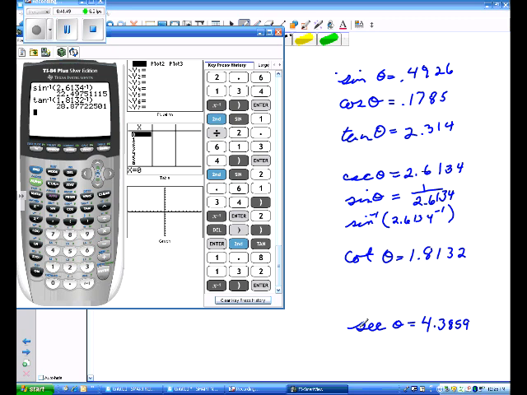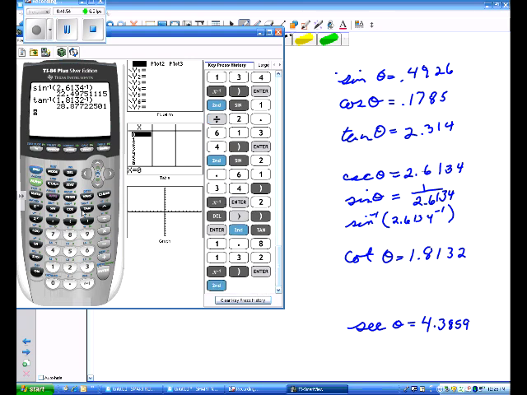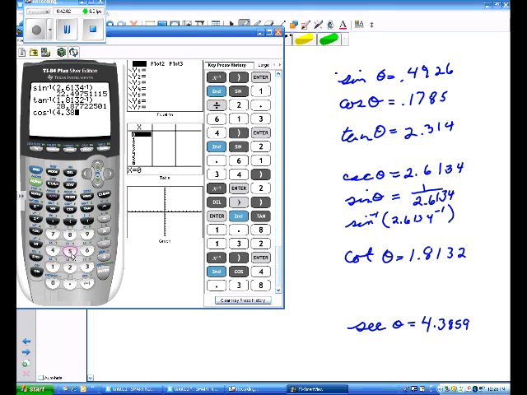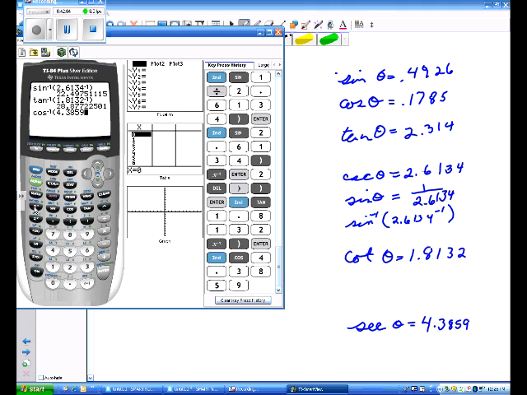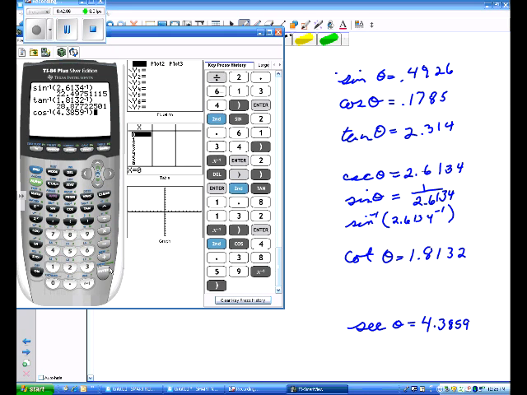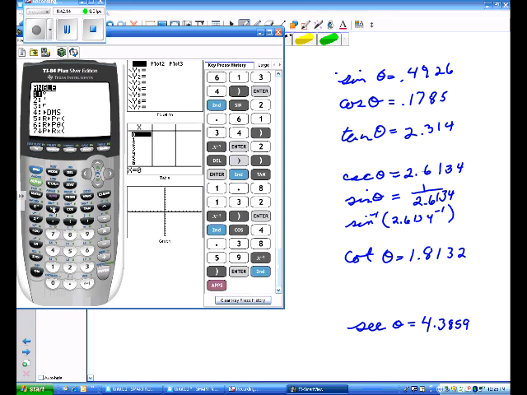For the secant, cosine: we want inverse cosine, and then we're going to need the reciprocal of 4.3859. Close the parentheses, and we have 76.82 degrees, or let's change this to the nearest minute: 76 degrees, 49 minutes. And we can have our value.